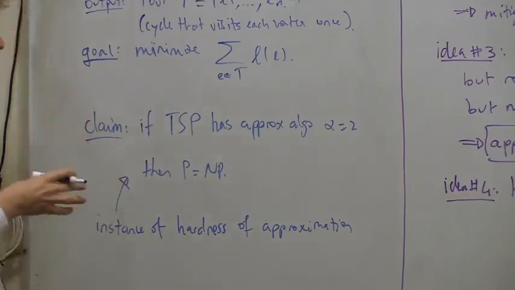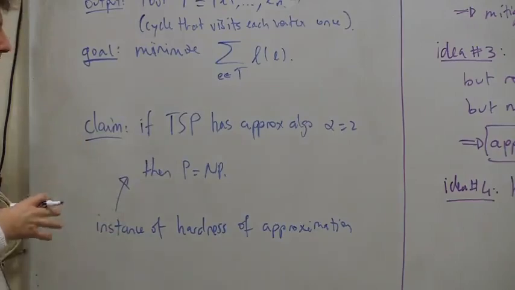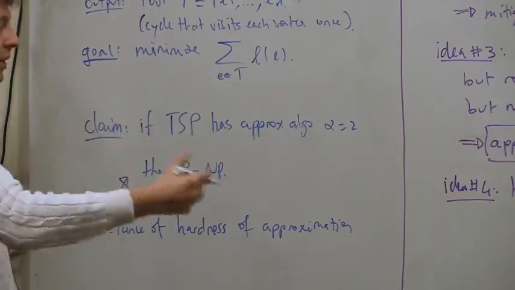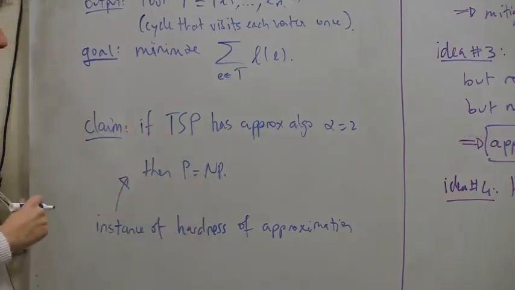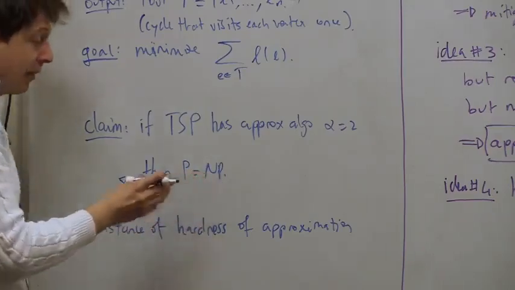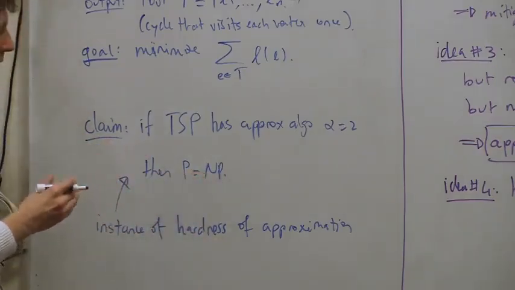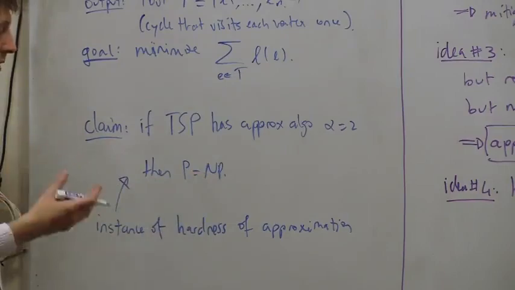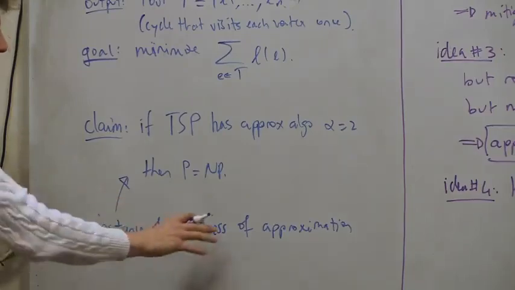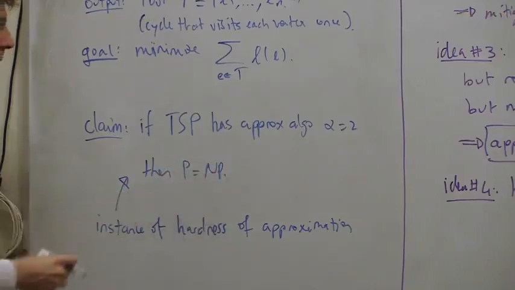Or you can try to prove that unless P equals NP, there cannot be an approximation algorithm with a particular alpha for a particular problem. Notice there's something cool happening here. A priori, the question P versus NP should have potentially nothing to say about approximation algorithms. It's really about optimal solutions. Yet, it turns out that it does. And you can base many hardness of approximation results on this assumption that P not equal NP.